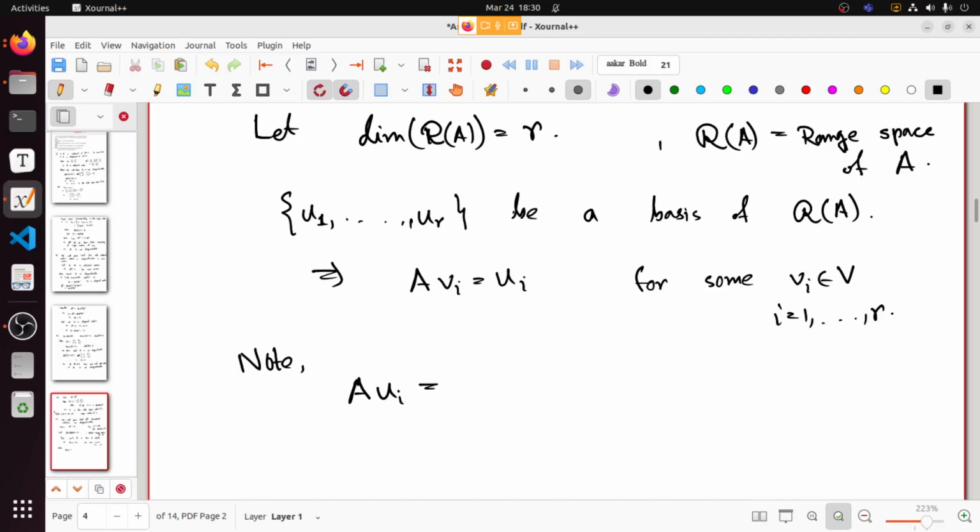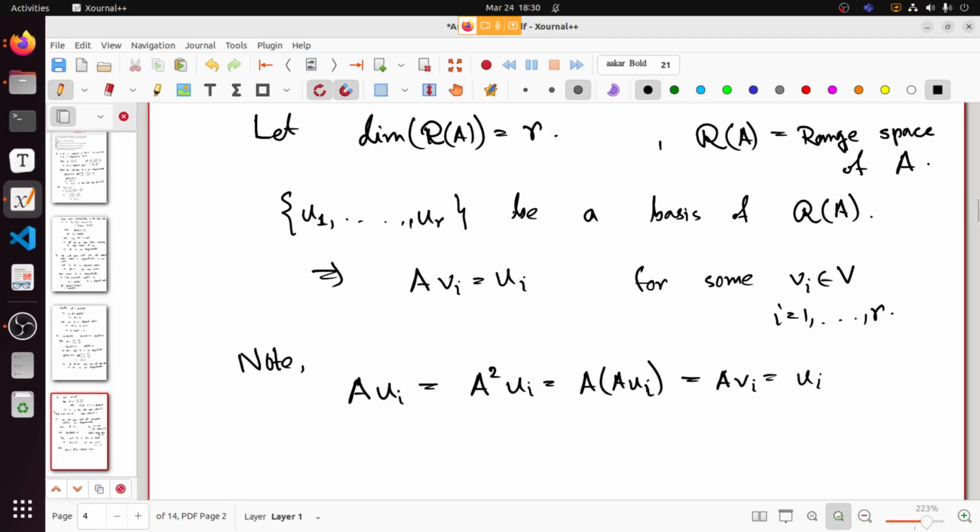A of ui: since A equals A square, this is A of A of ui, and ui is A of vi, so this is A of vi, and A of vi is ui.